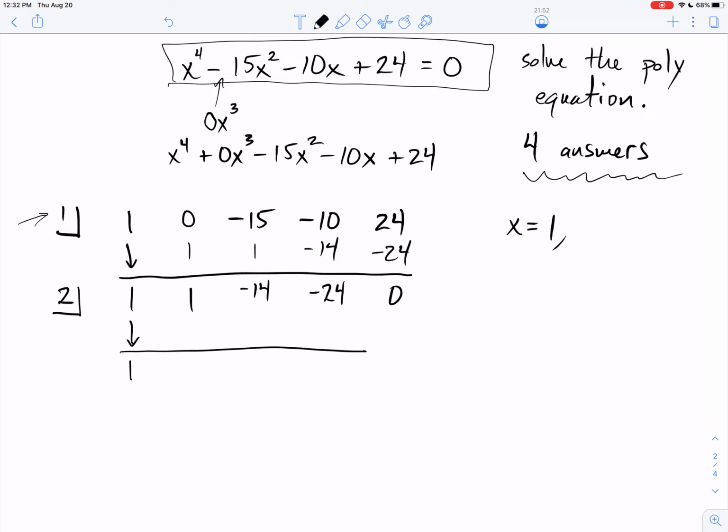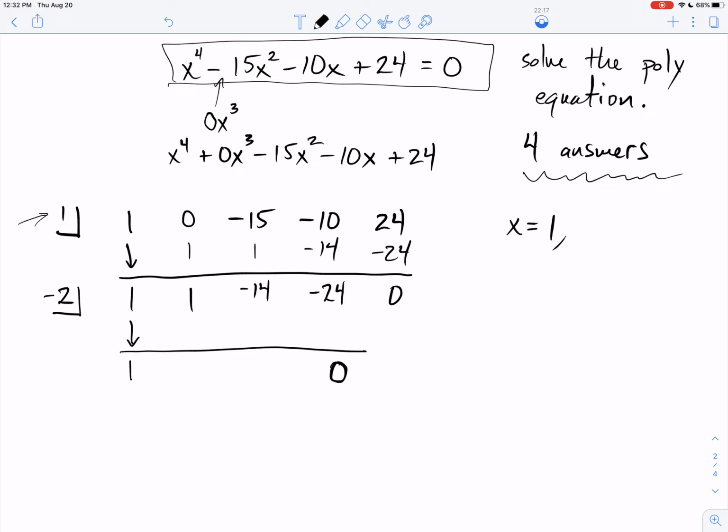But remember, I'm the guy who made up this example, so I know 2 doesn't work. How do I know 2 doesn't work? Well, if I did 1 times 2 and I wrote the answer and I went all the way to the end, I'm not going to get a 0 out here if I use 2. I want it to be a 0. That means I'm a winner. So I'm going to use negative 2 because that was the number I rigged this one to work with. But what are we going to do when we don't know?